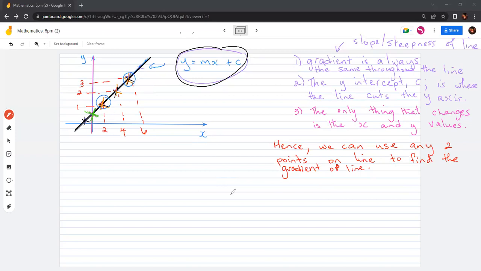So let's say point 1 has an x value of 2 and a y value of 1. Remember, this is how you write the coordinates of a point. And let's say point 2.